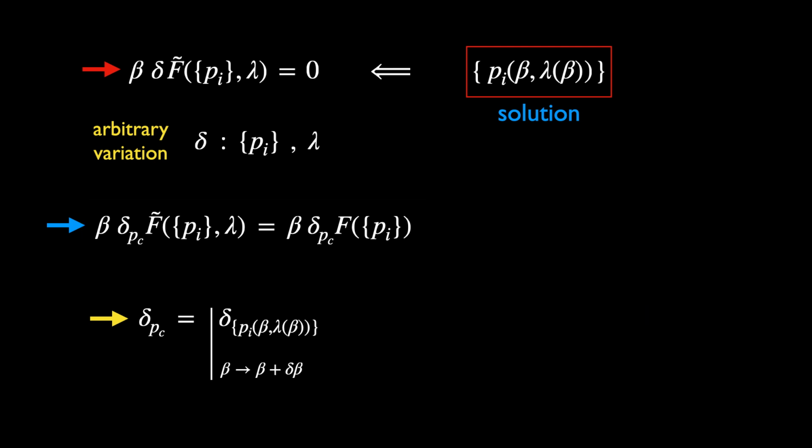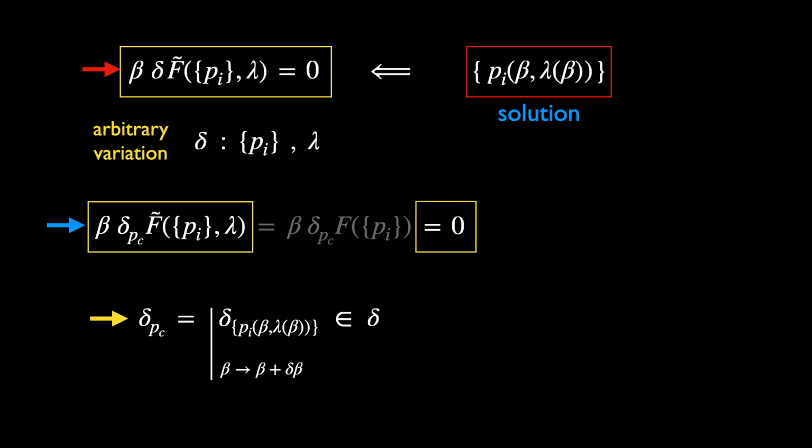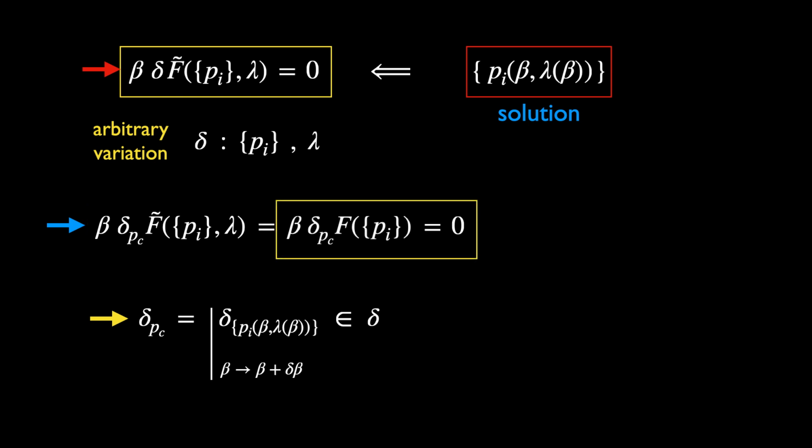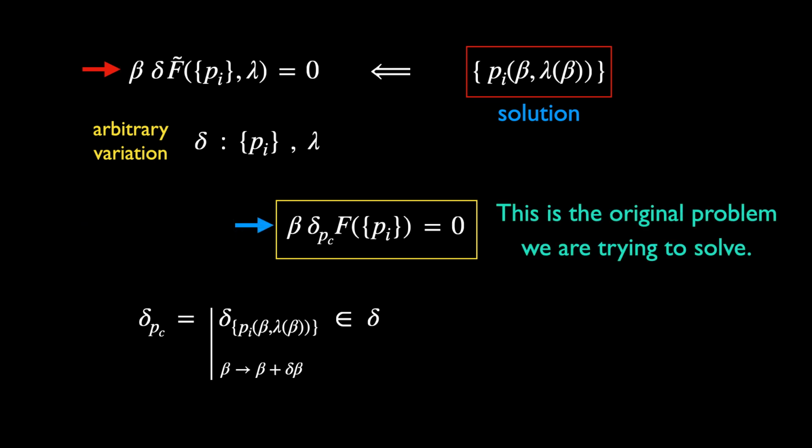And since our solution satisfies the equation at the top under any arbitrary variation, which includes the constraint variation of both the p's and lambda through beta, this means this equation is also true, which implies that this equation is satisfied. This is just the original problem we are trying to solve.